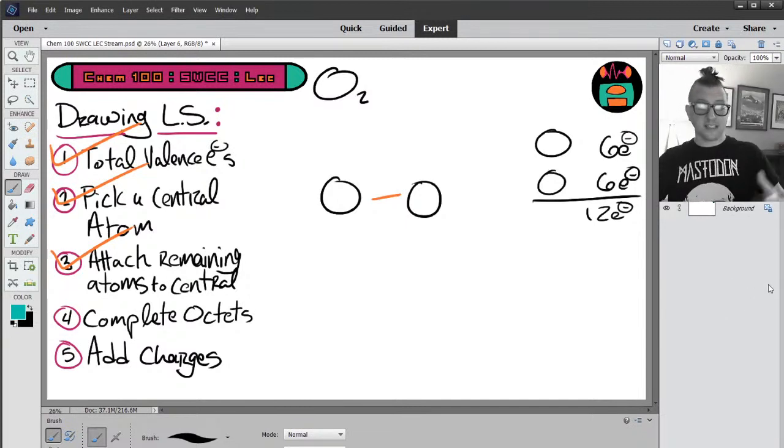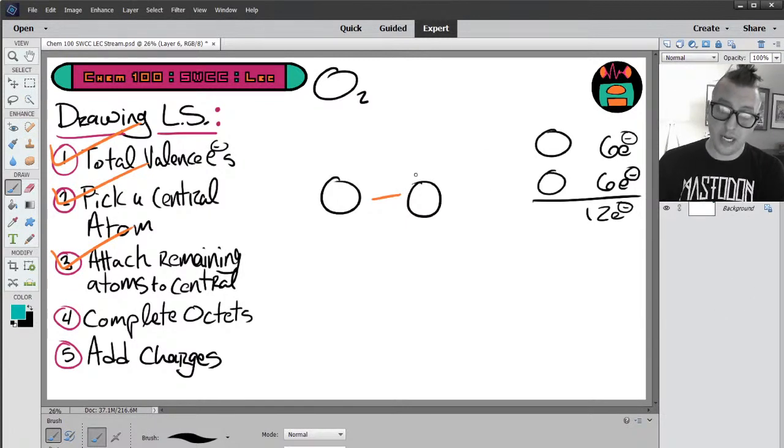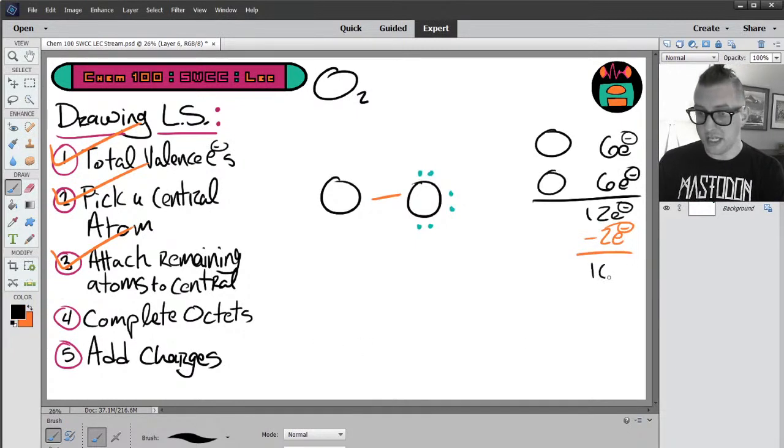So to complete the octet, we need to give one of these oxygens 3 lone pairs. Oh, whoa, hang on. Before I start giving out lone pairs, let's subtract our 2 for that bond we just made. There we go, 10 electrons left. And then the lone pairs will spend 6, leaving us with 4.